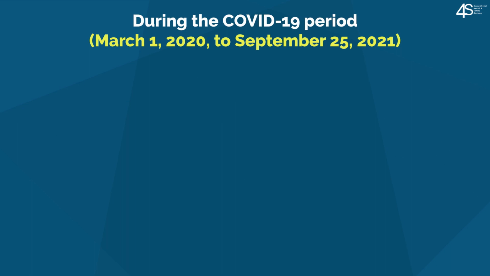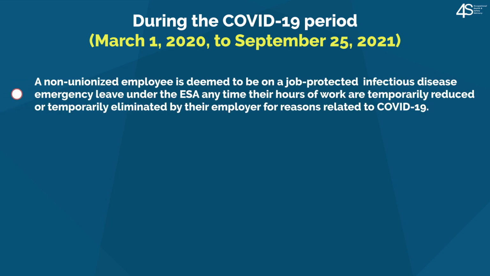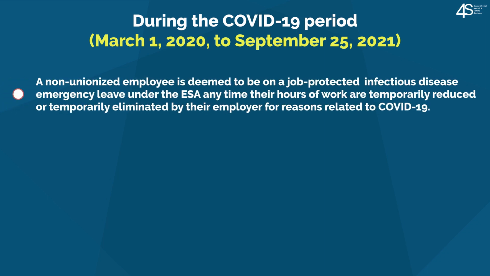During the COVID-19 period, which is March 1, 2020 to September 25, 2021, a non-unionized employee is deemed to be on job-protected infectious disease emergency leave under the ESA anytime their hours of work are temporarily reduced or temporarily eliminated by their employer for reasons related to COVID-19.